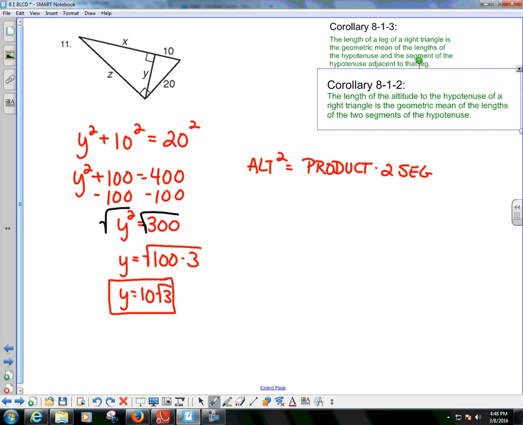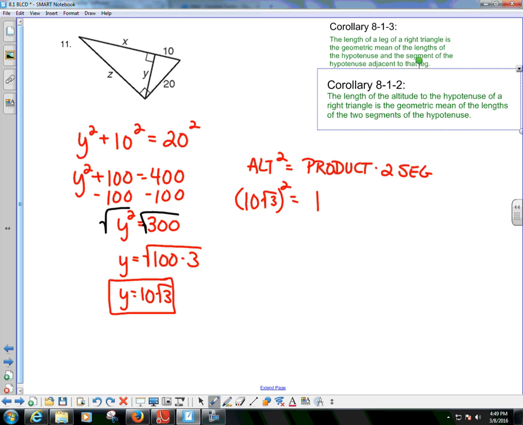So my altitude for this is y. So y squared is 10 times the square root of 3 squared, and my product of the two segments, well, I look at my hypotenuse, and that's broken into x and 10.